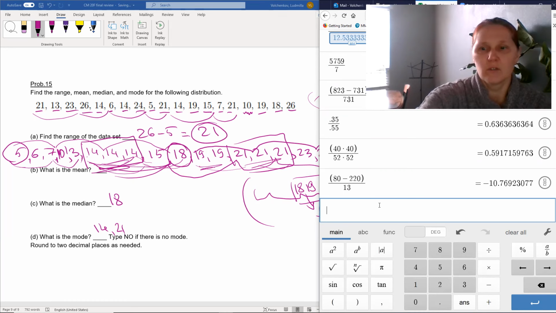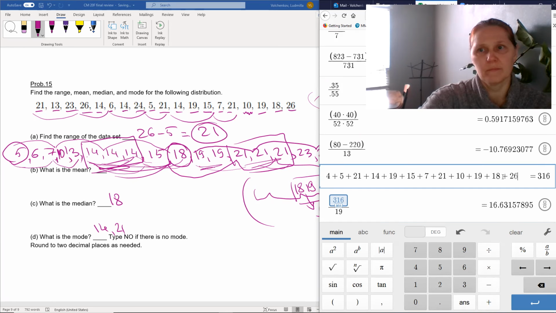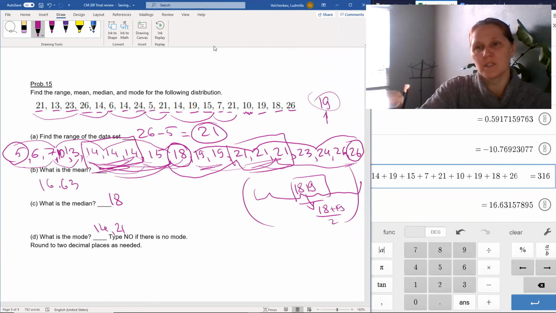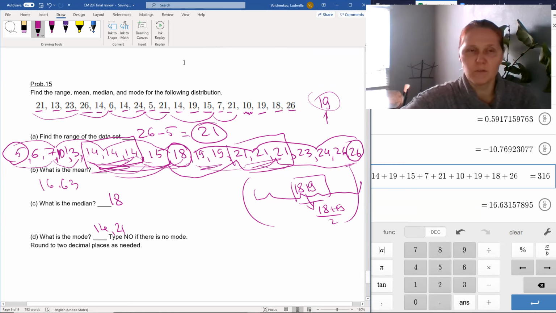We can take the arranged sequence, or we can take the original one, add them together, then divide by the number of values, 19, and then we get the mean of the set, 16.63, if we round to two digits after the decimal point.